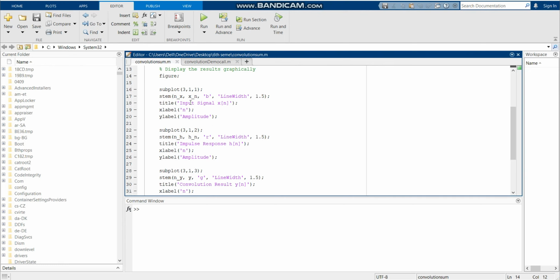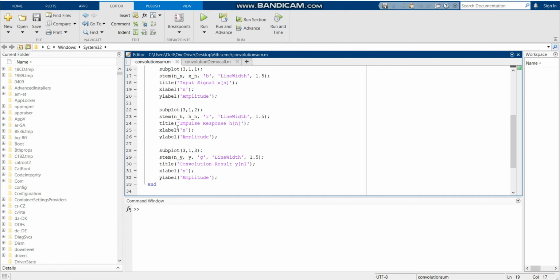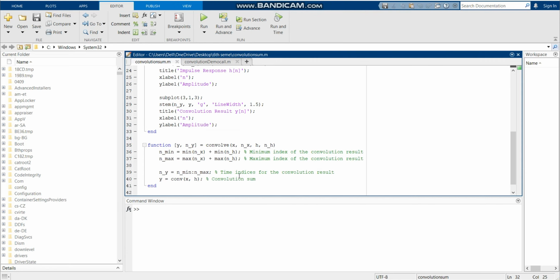The first subplot represents the input signal, and titles and labels are used for better visual representation of the graphs. The second subplot represents the impulse response h of n, whereas the third subplot represents the convolution result. Then the nmax and nmin commands calculate the minimum and maximum indices for the convolution result.